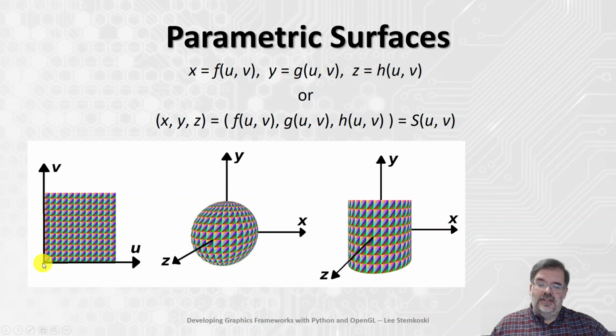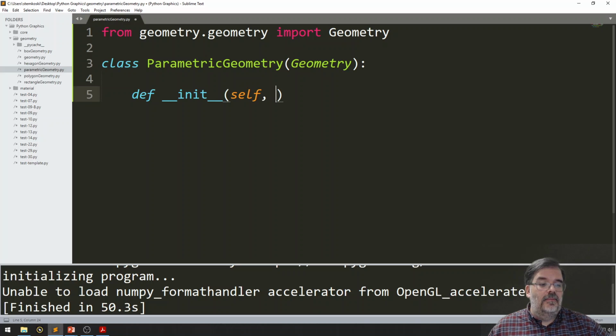They'll often be something like 0 to 1 or 0 to 2 pi, depending on what functions we're using. We also need to know how many sample points to take along each one of these axes. We'll call that the resolution, and we'll use that to get a set of points. And finally, of course, we're going to need this function.